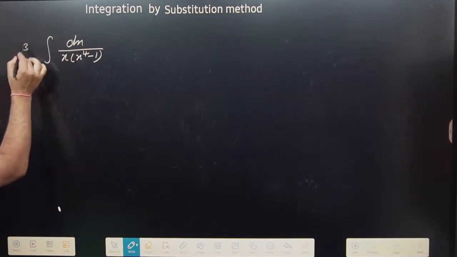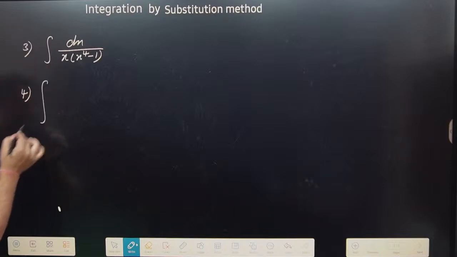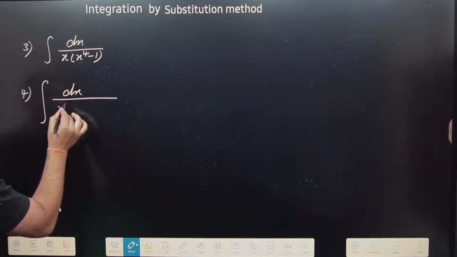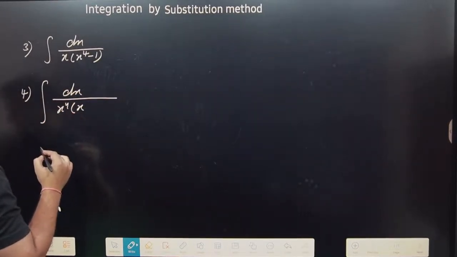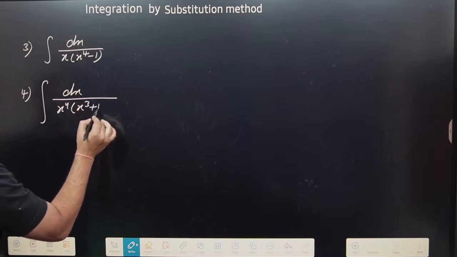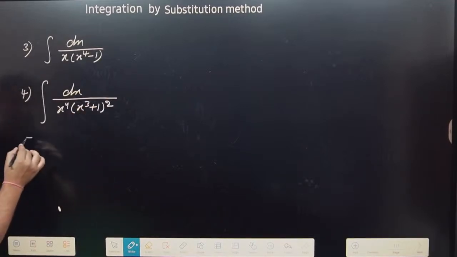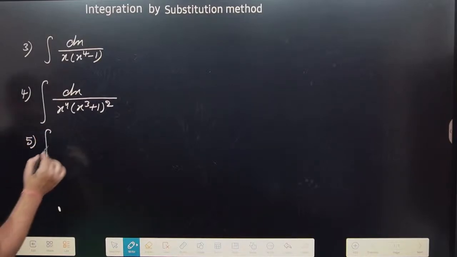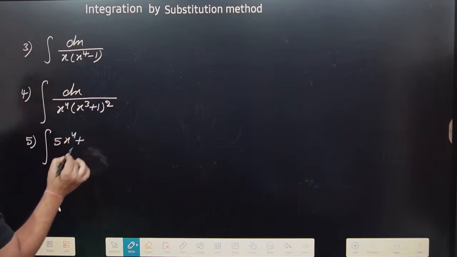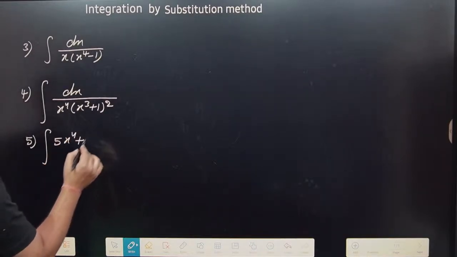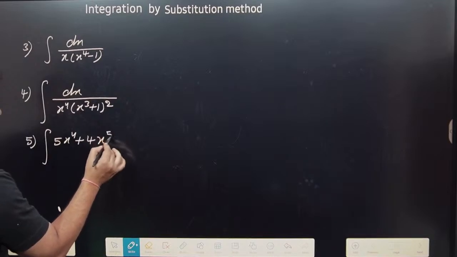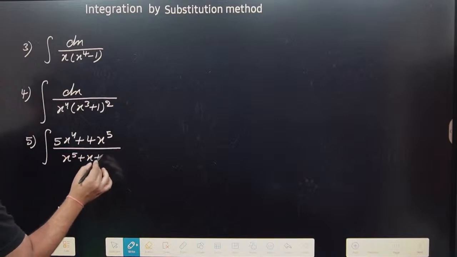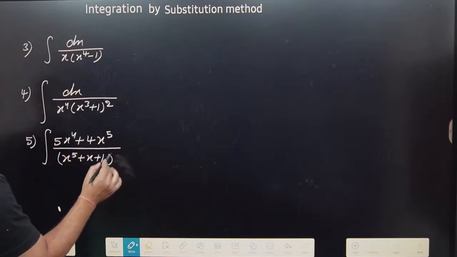Question number 4: integration of dx divided by x to power 4 into (x cube plus 1) to whole square. And the next one: integration of (5 into x to power 4 plus 4 into x to power 5) divided by (x to power 5 plus x plus 1) to whole square dx.